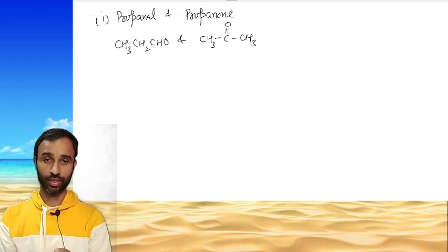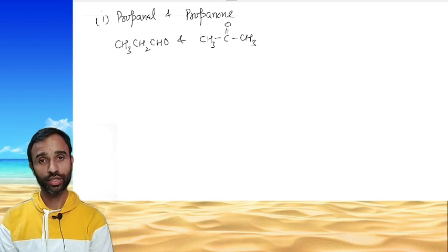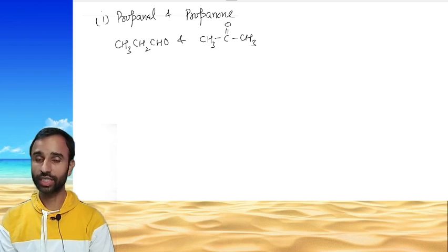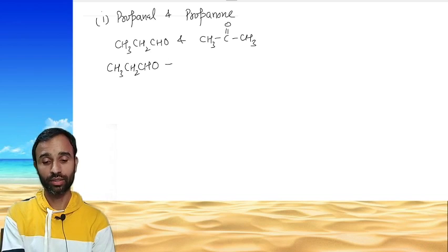I tell you that if there is propanal and propanone, you go for the Tollens reagent test. And what is Tollens reagent? Ammoniacal silver nitrate solution.